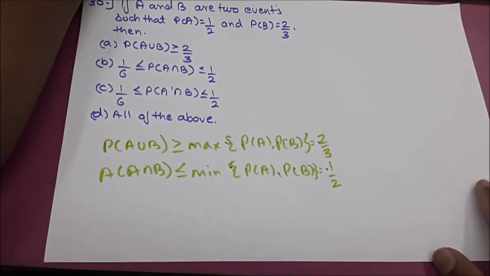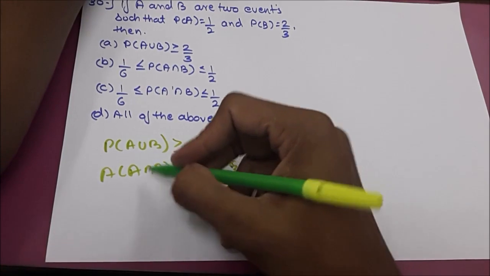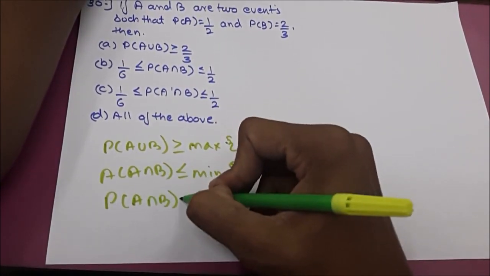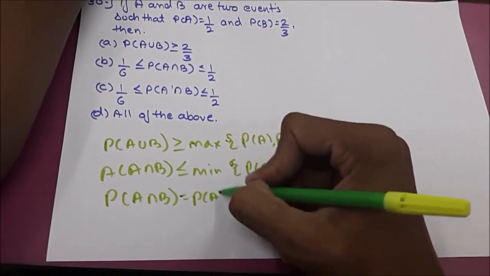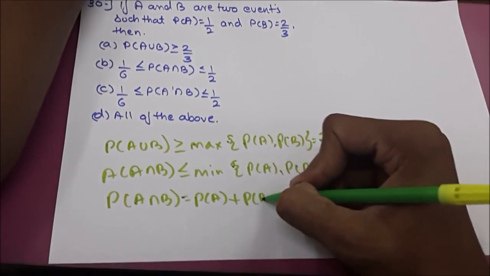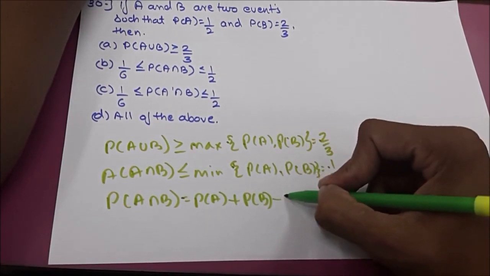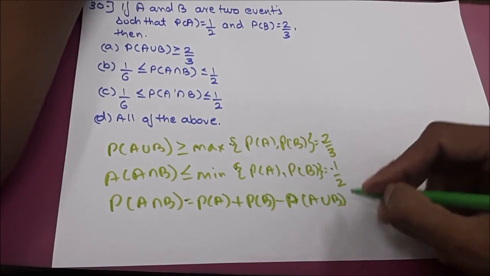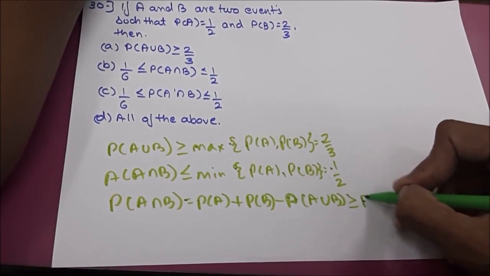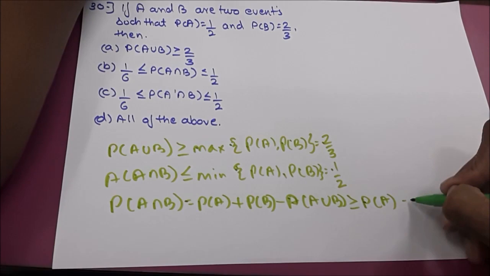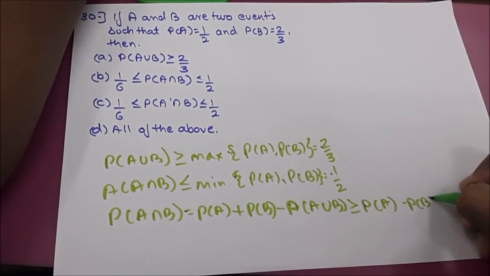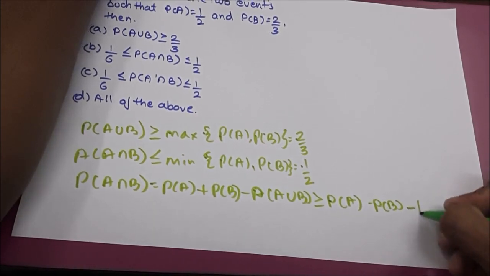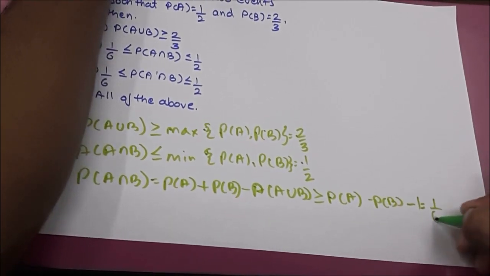And for probability of A intersection B, equal to probability of A plus probability of B minus probability of A union B, greater than or equal to probability of A plus probability of B minus 1, which is equal to 1 by 6.